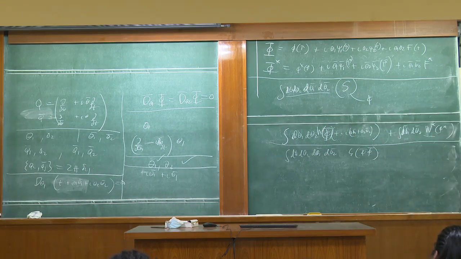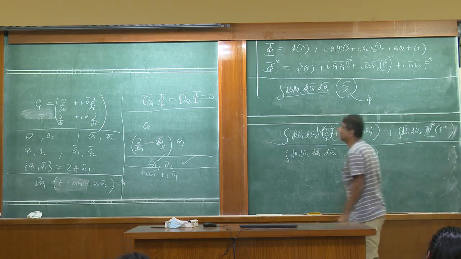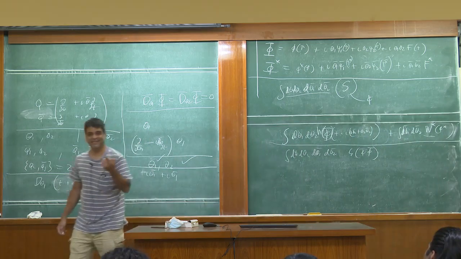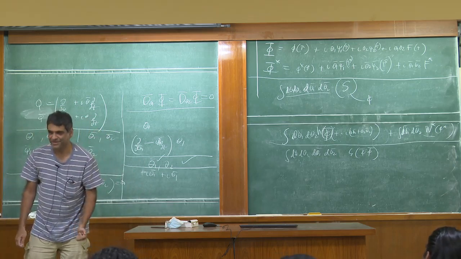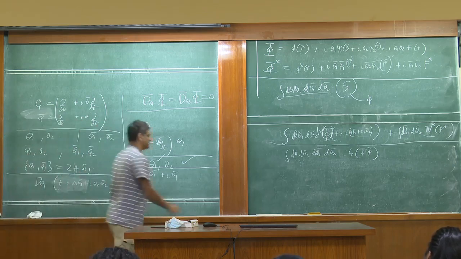You remember when we were looking at theories with two supercharges, we built a kinetic term out of a d and a d bar. Kinetic terms have derivatives. Now we're going to get a kinetic term with no derivatives. But it will be kinetic because this thing is a function of tau rather than t. And tau has its expansion, and that expansion will involve derivatives. Okay? So let's see how this works.